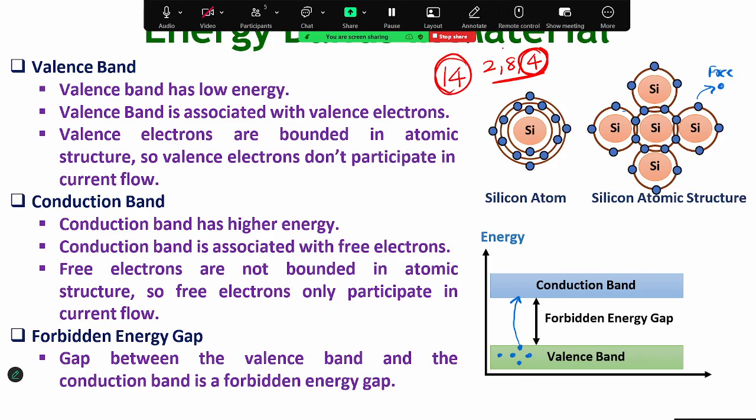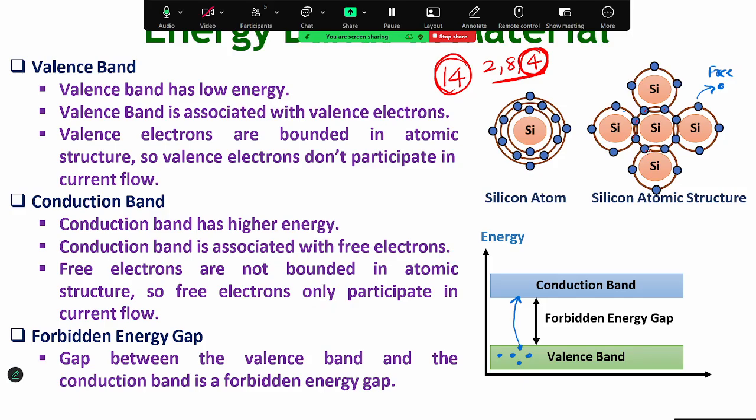Every atom in our universe will try to acquire a stable condition. You already studied covalent bond and ionic bond. Covalent bond is nothing but sharing of electrons. Suppose this silicon atom talks to the neighbouring silicon atoms: I want to share one electron from you.